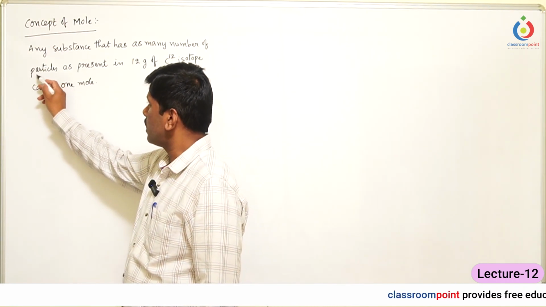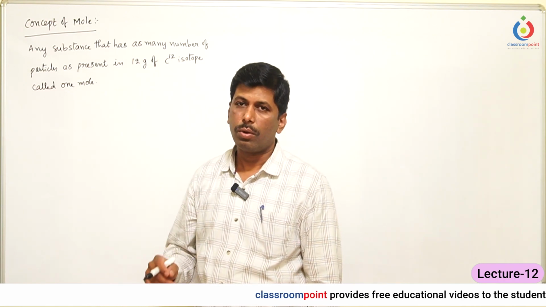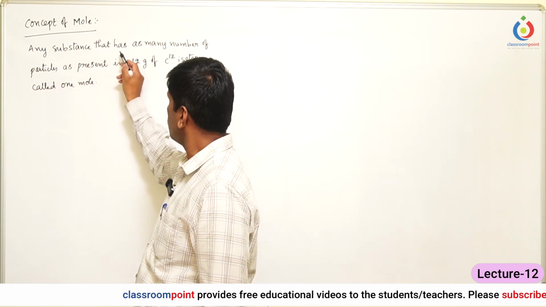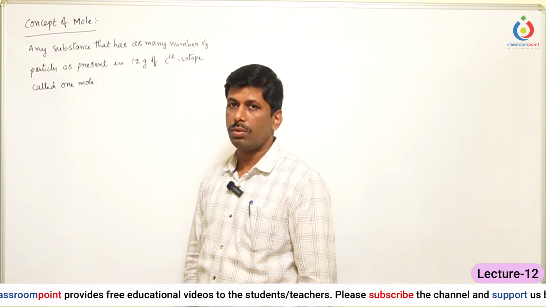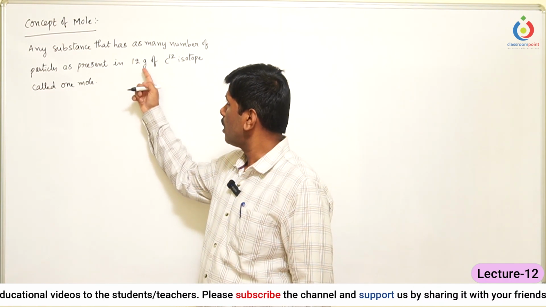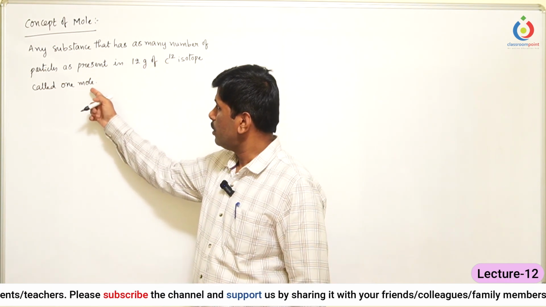Here particles stands for atoms, molecules or any microparticles. You take any substance that has as many number of particles as present in the 12 grams of C-12 isotope. Whatever the number of atoms present in the 12 grams of C-12 isotope, that number is called 1 mole.